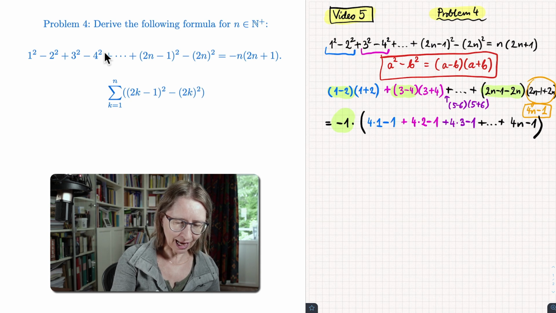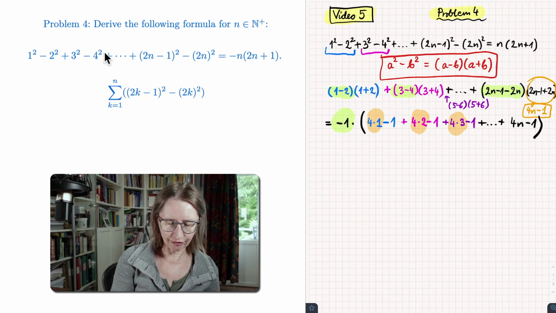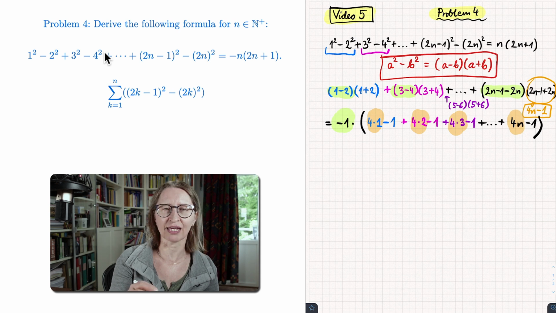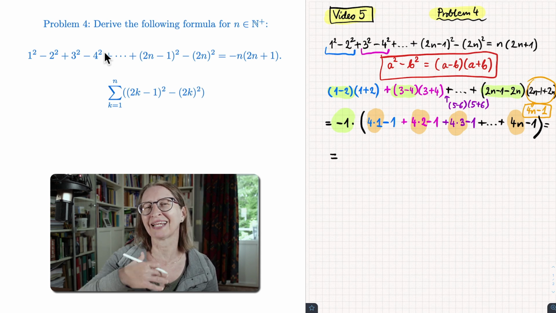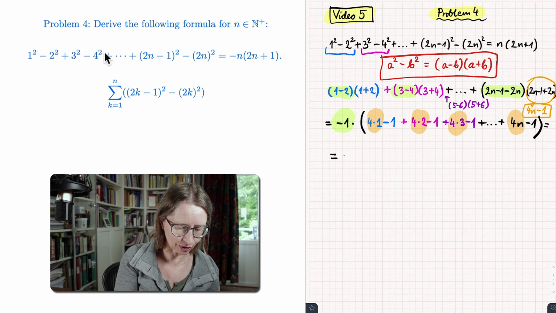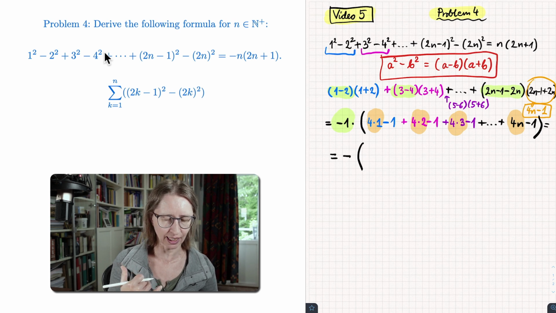And you see what has happened here, right? You see that I can gather together all the terms here which are 4 times something. So what I'm doing here, instead of minus 1 times the parenthesis, I can simply write minus before parenthesis. You know that is the same thing, right?